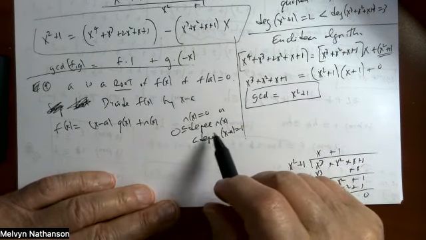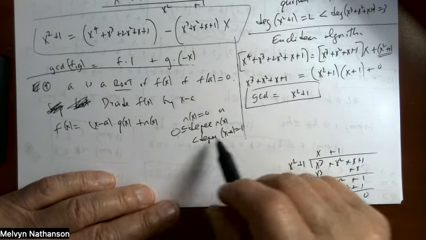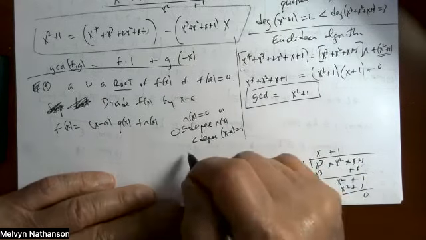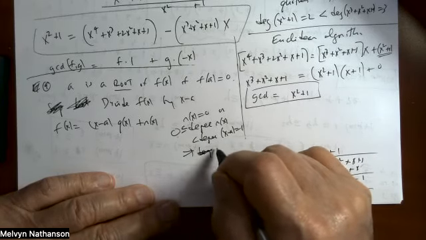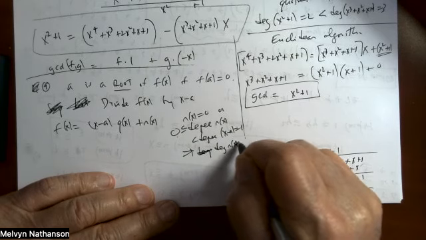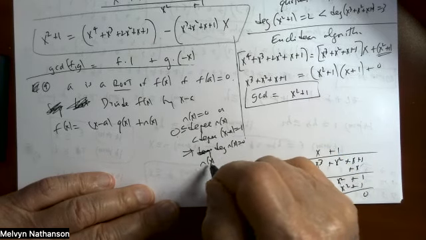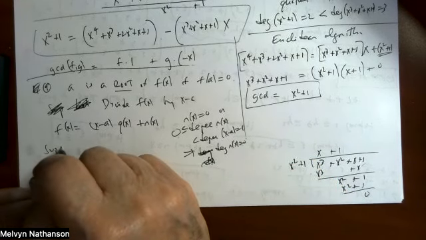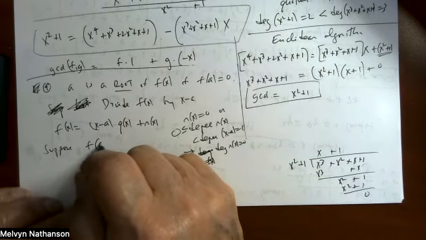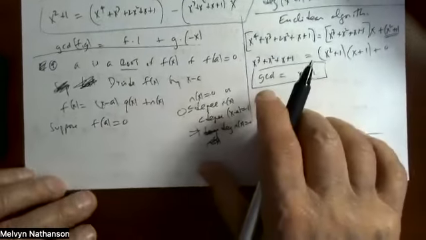And the only integer which is greater than or equal to 0 and less than 1 is 0. So either r is 0 or the degree of r of x is 0, so that means r of x is a constant. Suppose a is a root. That means f of a is 0.